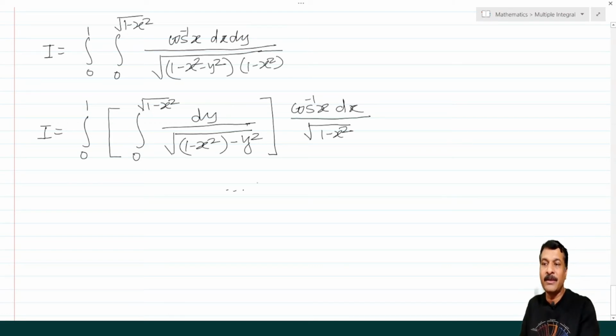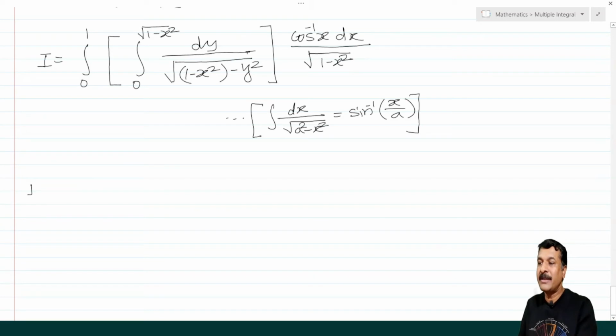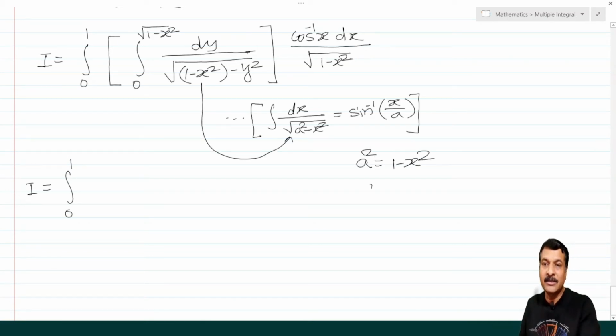We know the formula: integration dx, or dy, upon under root of a square minus x square is equal to sine inverse x by a. So I am getting here I equal to integration 0 to 1. What is a square here? a square is 1 minus x square. So what is a?